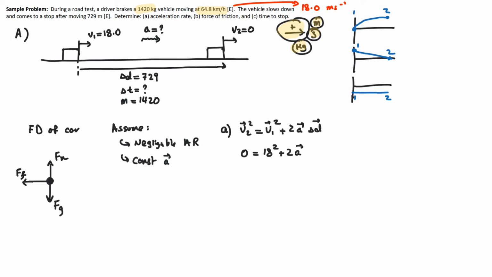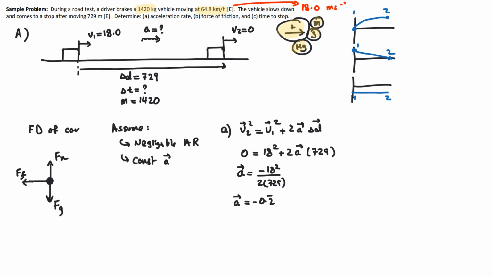And my displacement is going to the right, and my positive is to the right, so this is going to be 729. So I'm going to do a is equal to negative 18 squared divided by 2 divided by 729, and I will get negative 0.2 repeated for my answer here.